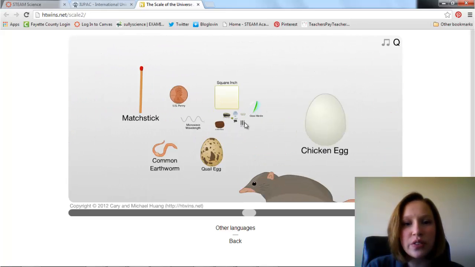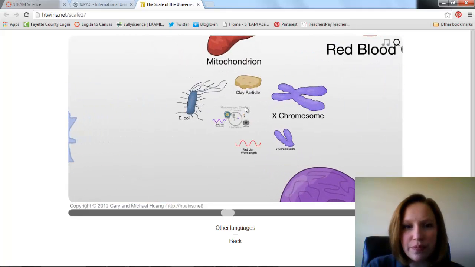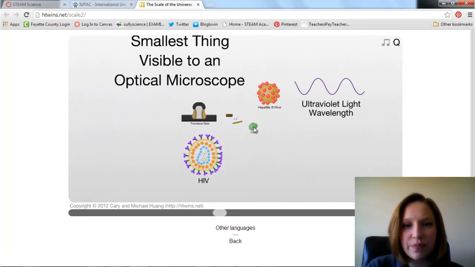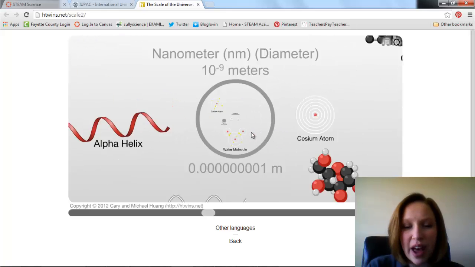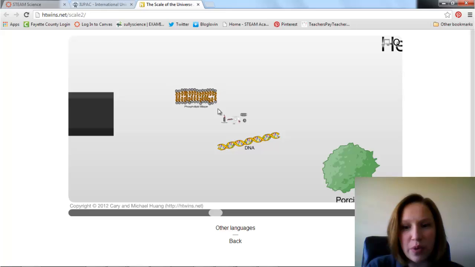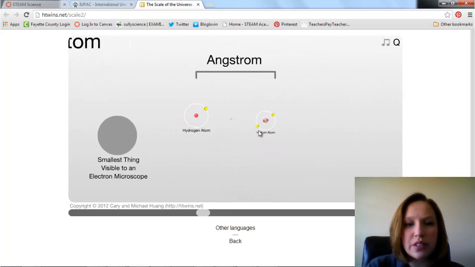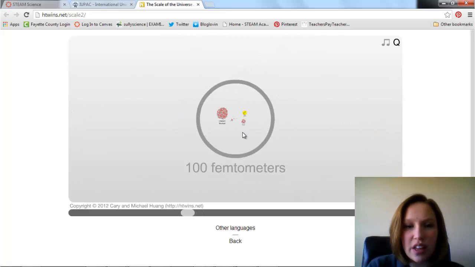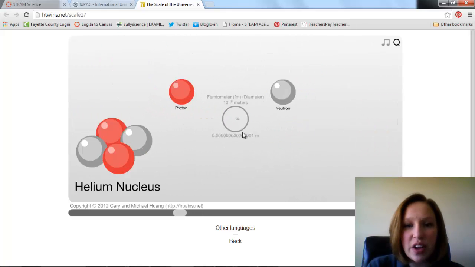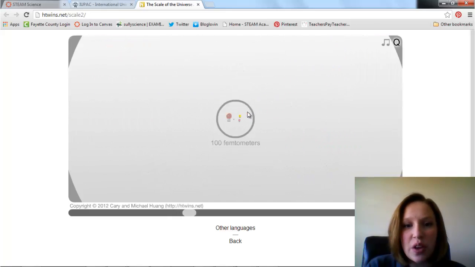But we also keep going down smaller and smaller, past our bacteria, past those viruses, all the way down, past our macromolecules. See, there's some macromolecules showing up, all the way to atoms. All the way to our nucleus, protons and neutrons, the classical electron.